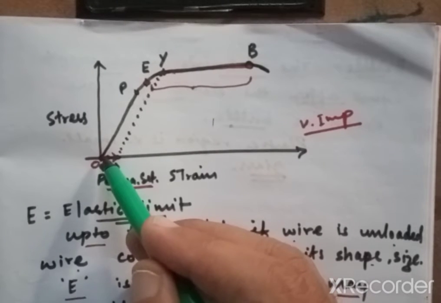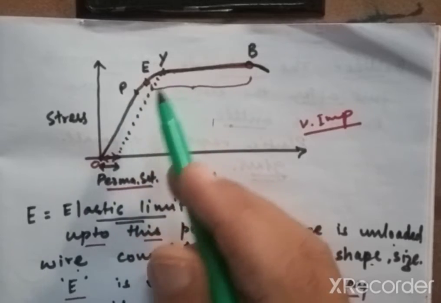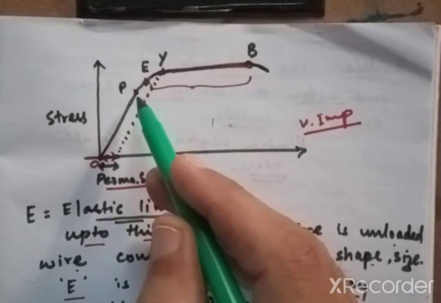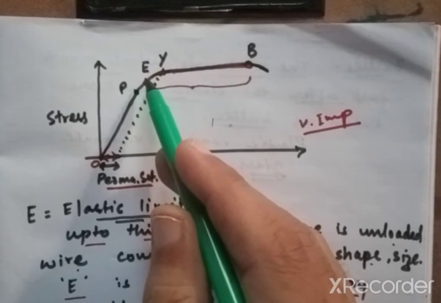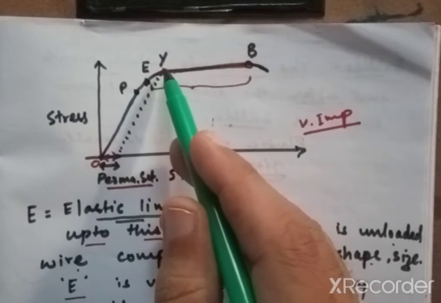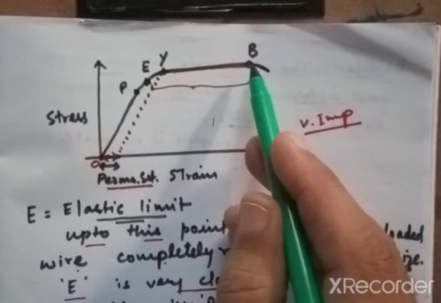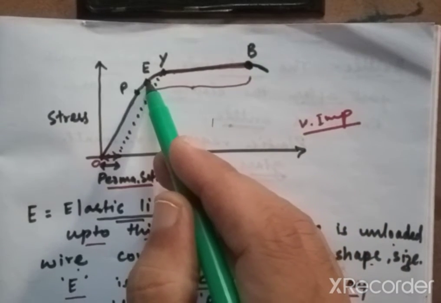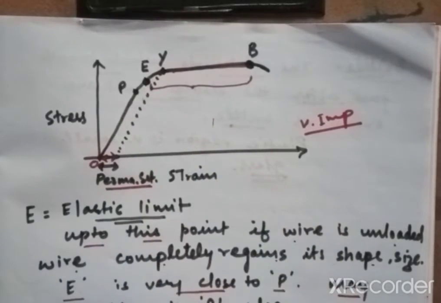Now this is a complete graph drawn between the stress and strain. It shows P, the proportionality limit, E, the elastic limit, Y, the yield point, and B, the breaking point of the wire. Now let us see point E, that is the elastic limit.